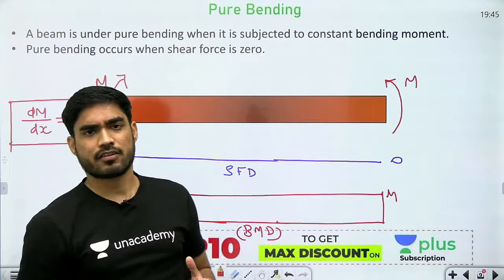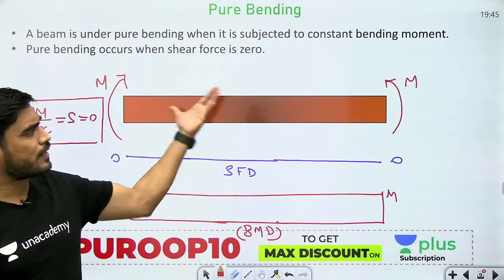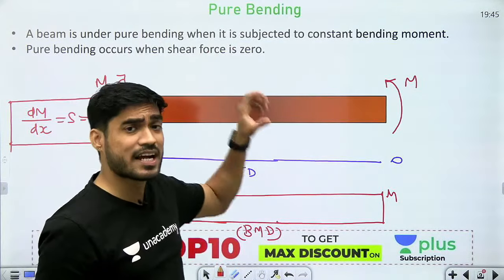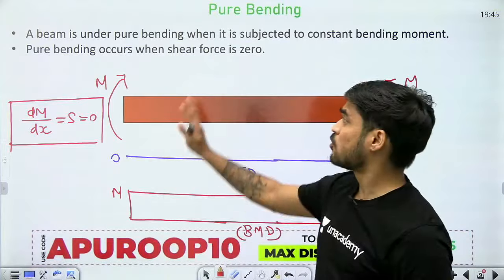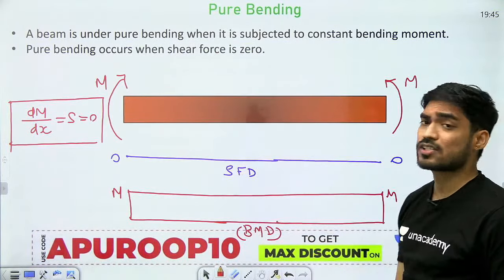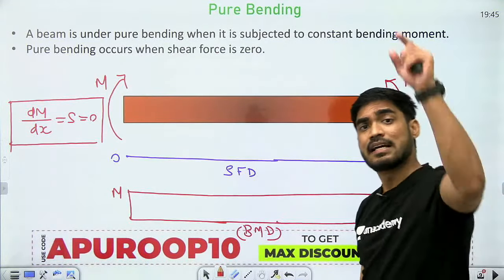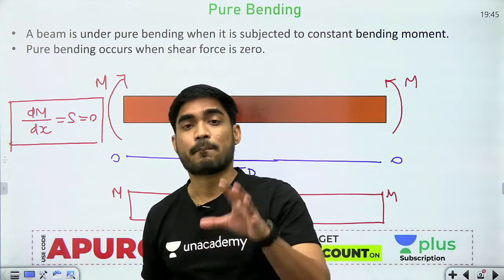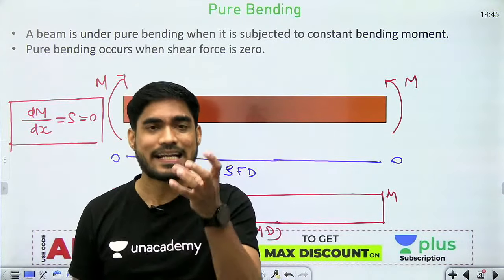So if practically we are not going to get this condition, then why are we discussing it? Why are we studying pure bending? Because pure bending is an ideal condition.